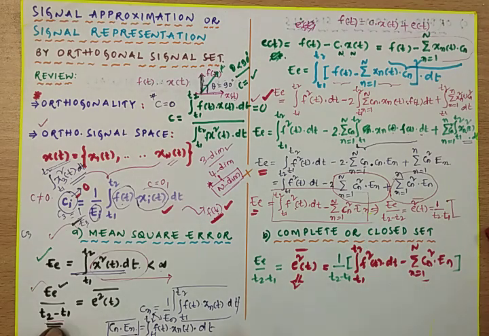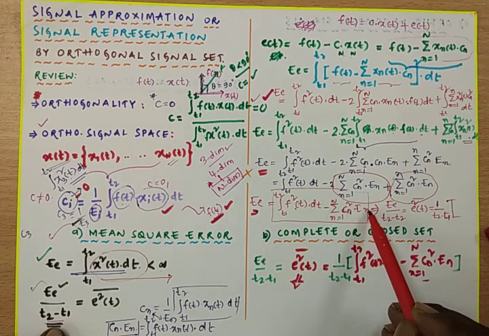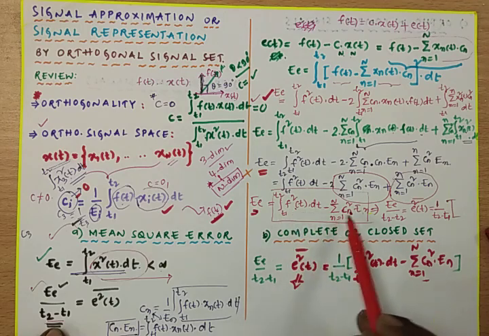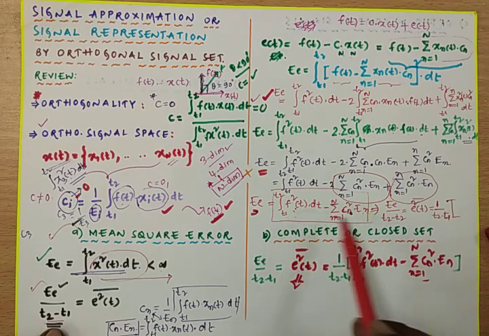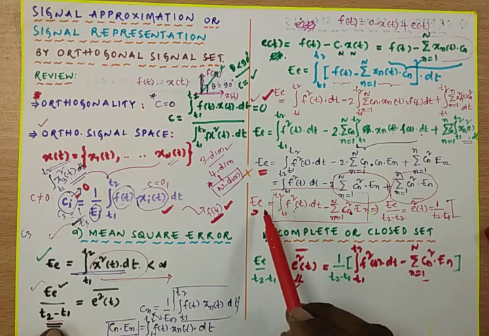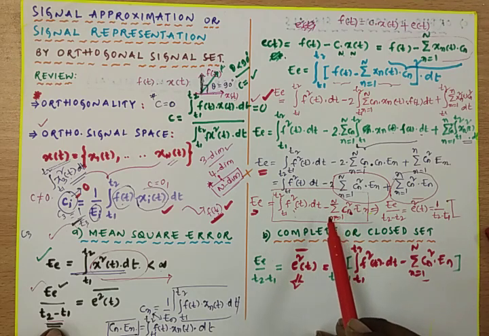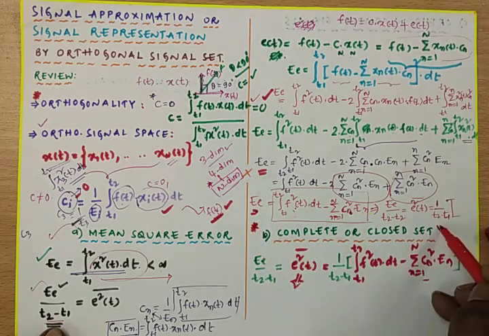The point is very clear: EE will be getting reduced as n increases. If at n equal to infinity this term is equal to this term, say y and y, then y minus y will be 0. That means ideally EE is 0 as n equals infinity. Under this condition, the orthogonal signal set is called a complete set or closed set.